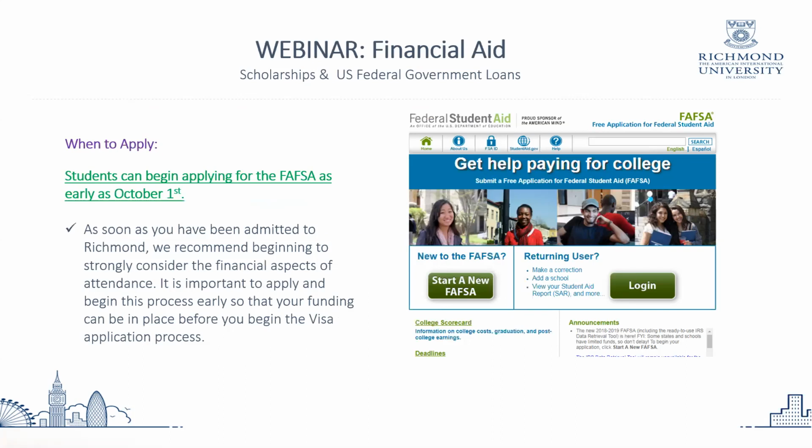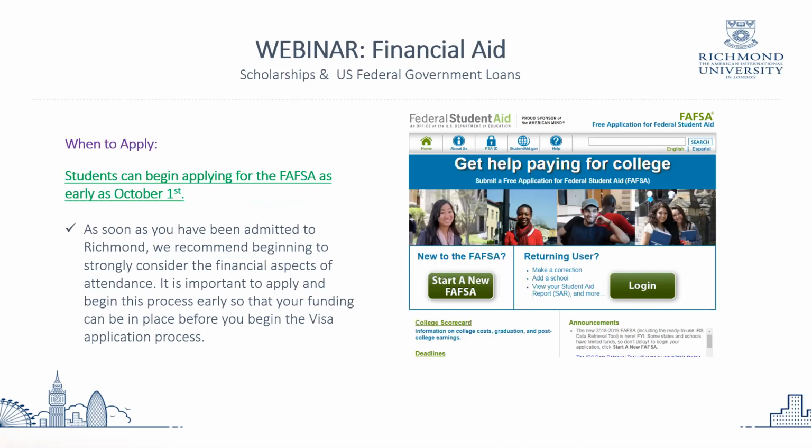After one semester, if you fall below a GPA of 2.0, you will receive a letter and a notification from me saying that you failed to meet your GPA requirement of 2.0, and you'll be given another semester to increase your GPA. If at the end of that second semester you fail to meet the GPA of 2.0, then you will lose your federal funding eligibility, which means you have to explore other funding avenues, like private loans as an example. It's a very, very important requirement.